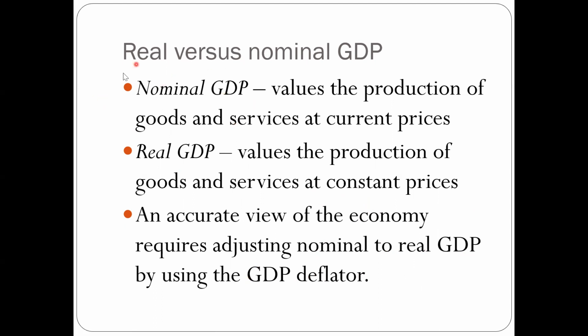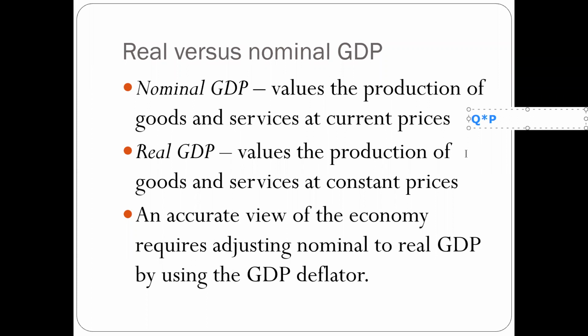So nominal GDP equals the quantities or the production of goods and services at current prices. So nominal GDP is Q multiplied by P, quantities multiplied by prices.